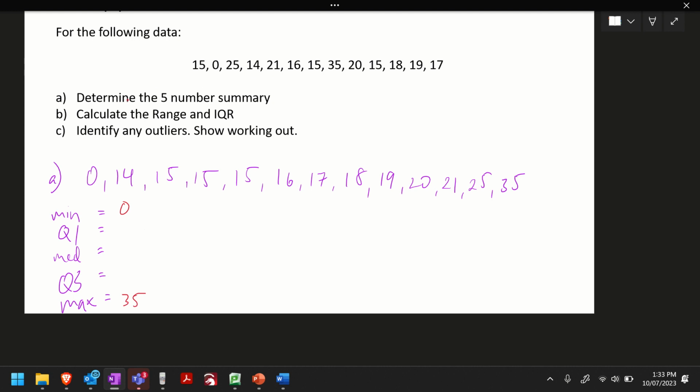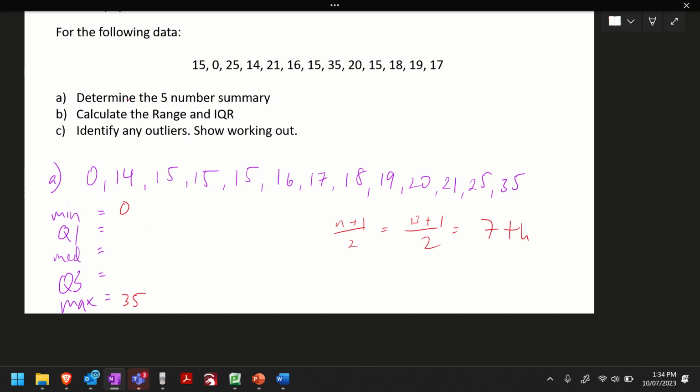Now the median. You might need to count the number of numbers. You've got 1, 2, 3, 4, 5, 6, 7, 8, 9, 10, 11, 12, 13. Using the formula of n plus 1 divided by 2, 13 plus 1 divided by 2 is 7.